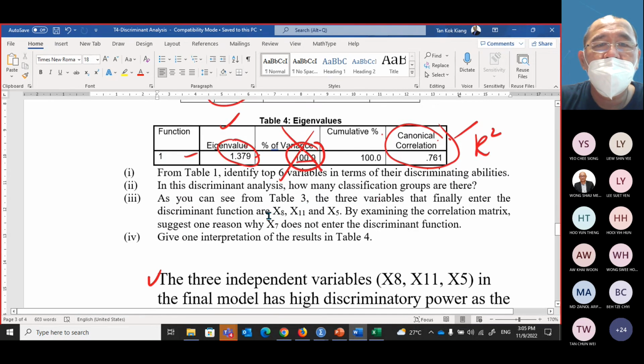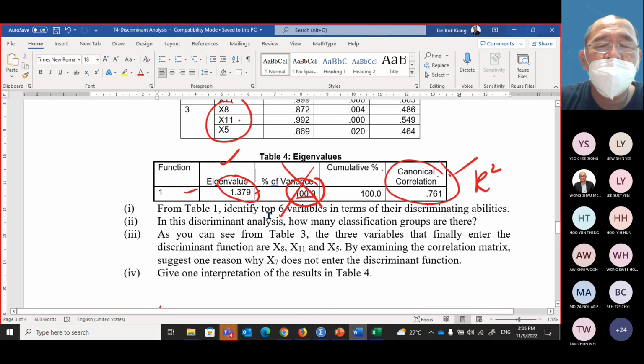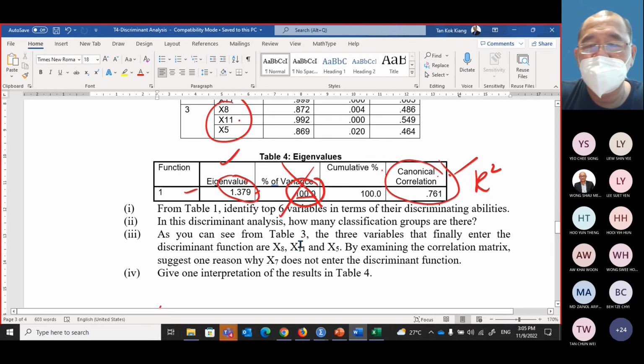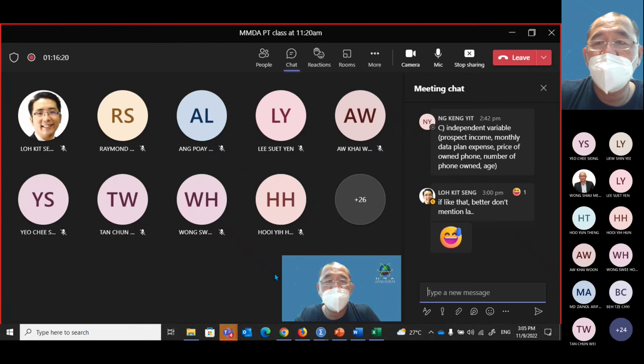So I guess it's not very common to have only one function in this case. Good question. Let's say they got only 2 groups, so there is confirmed only one function. Makes sense. If no question, we are done for chapter 4.